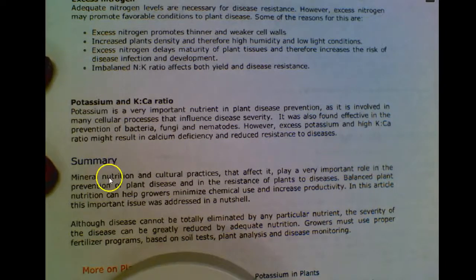So if we look at all these, your mineral nutrition and cultural practices that affect it all play an important role in the prevention of plant disease and resistance of plants to diseases. Balanced plant nutrition is the best plan to increase productivity, and they tried to talk about this in a succinct fashion on this handout.